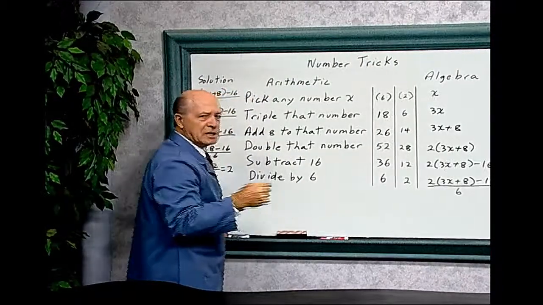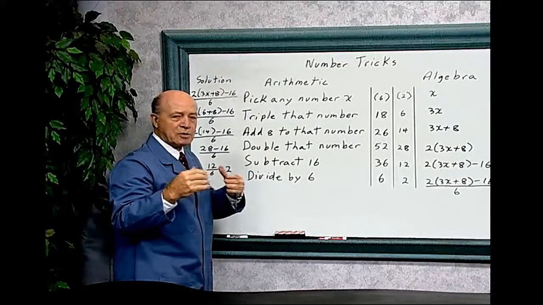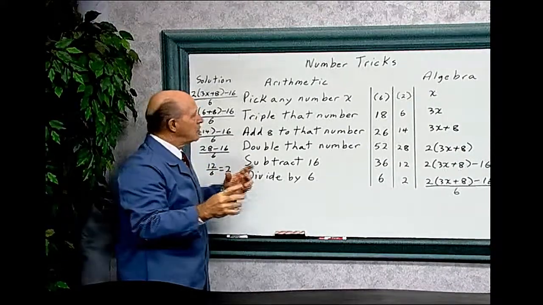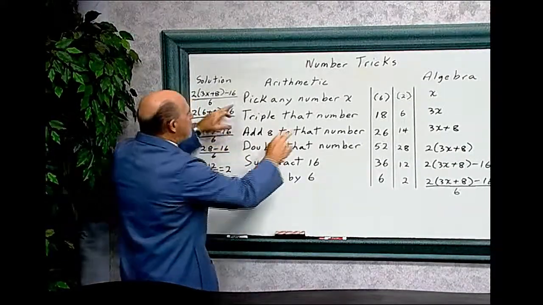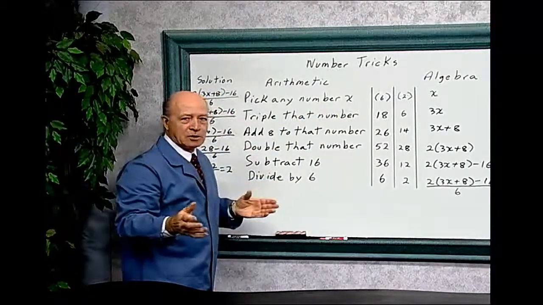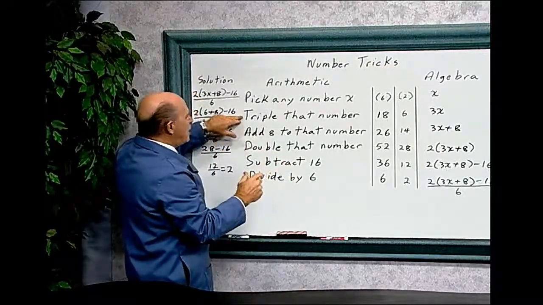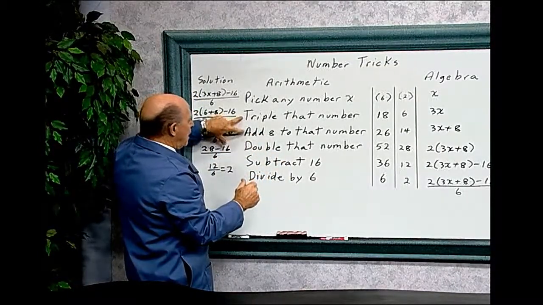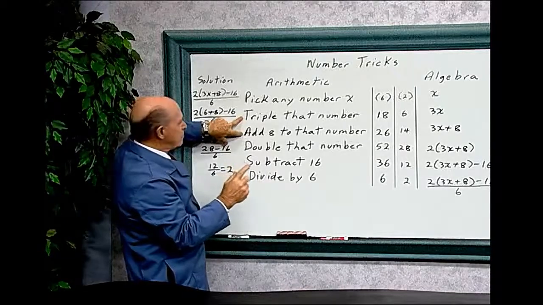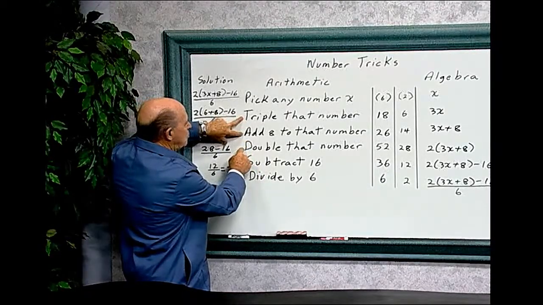Now let's look at the logic of this. And that's what math is, and algebra particularly is logic. Notice what we're doing here. Pick any number. I don't care from 1 to 1,000 or 10,000, any number you want to. That's irrelevant right now. Triple that number. Add 8 to that number. Now when you double that number, what are you doing?